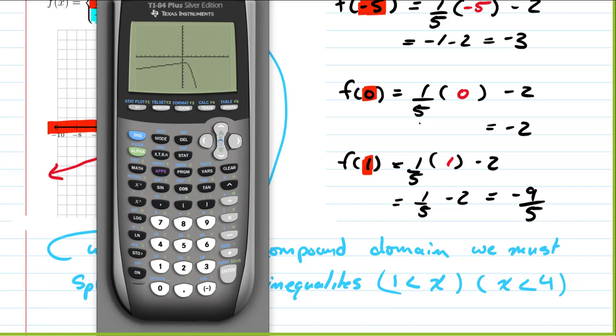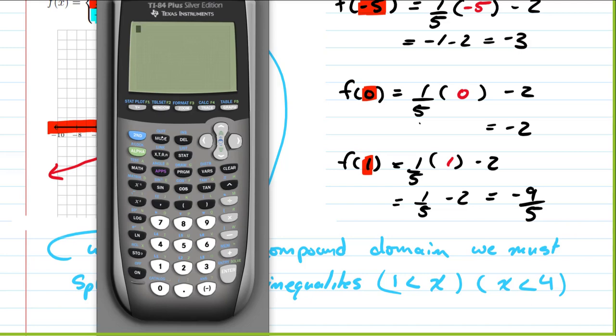So when we put it into our calculator like this, we can also find our values and verify that we did this correctly. So if I scroll up to -5 now, -5 is indeed 3. If I go to 0, I get -2. And if I go to 1, I get -9/5. And I can keep getting more ordered pairs by putting them all into my calculator.